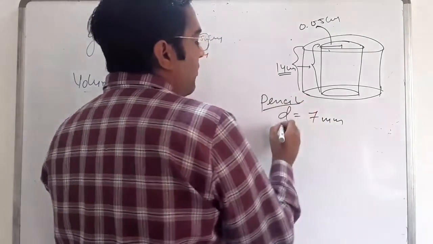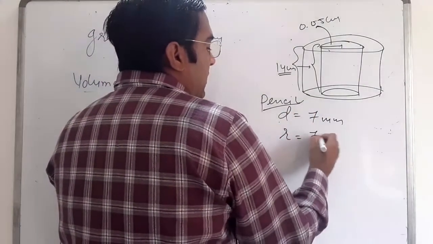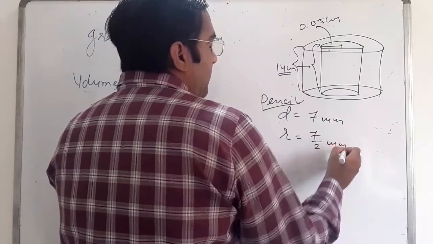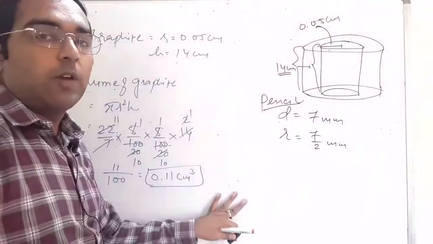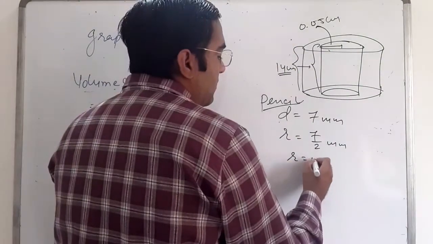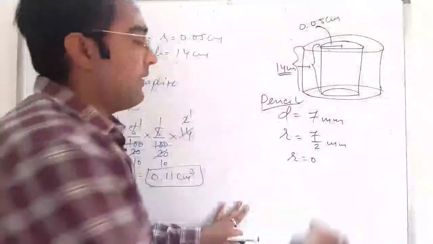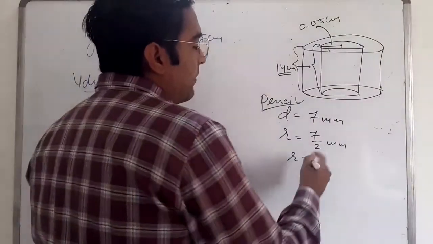First, I have to convert diameter into radius. So the radius is 7 by 2 mm, that is 3.5 mm.